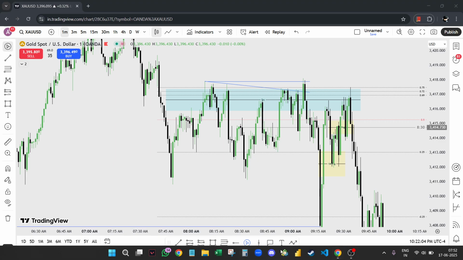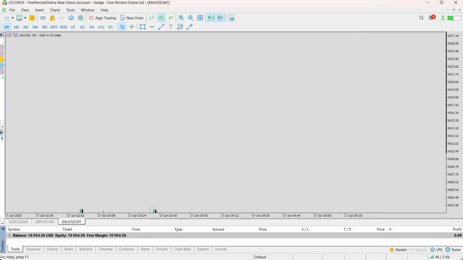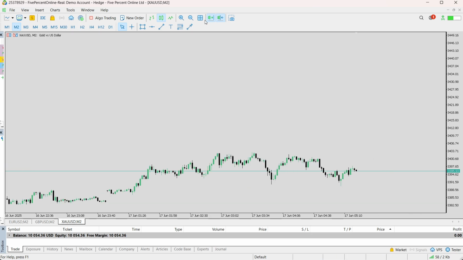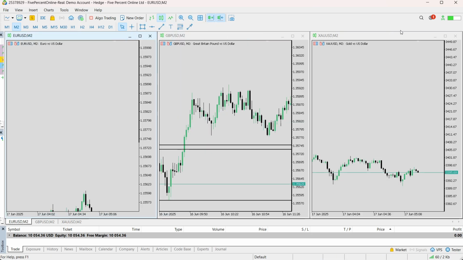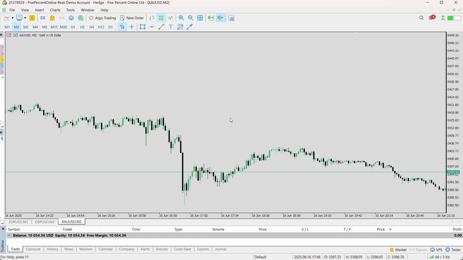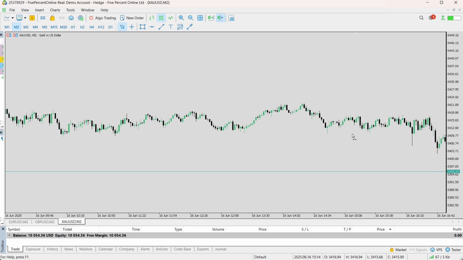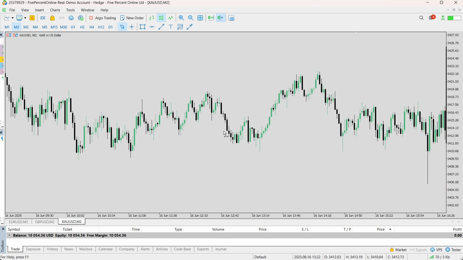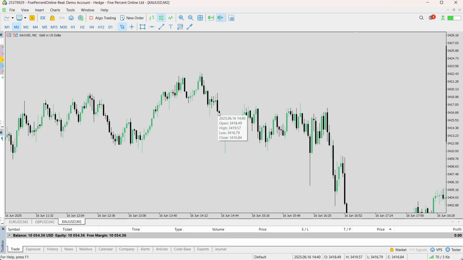I'll show you on MT5. This particular fair value gap and this particular fair value gap, that is this one here and this one here.